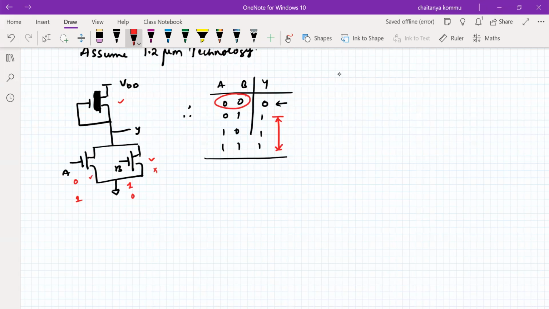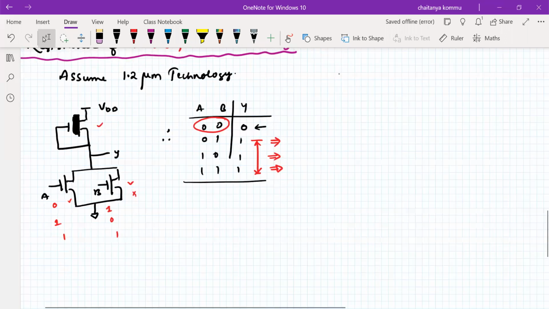So here also on resistance is possible from the depletion to the NMOS. If it is 1 1, there is a possibility of both transistors being on, so a short circuit path exists between VDD and ground. Therefore, on resistance is possible. So we need to calculate for each and every case what the on resistance is for these three combinations, right?